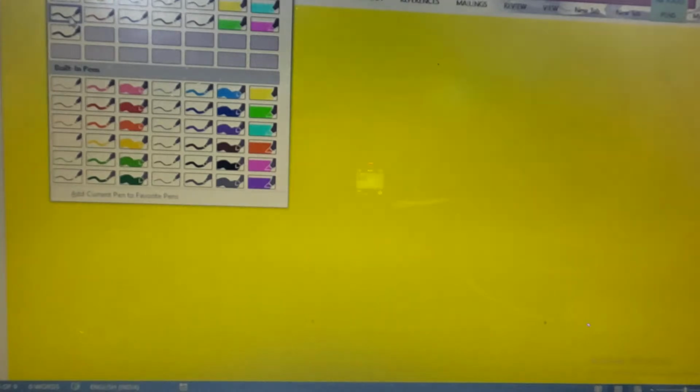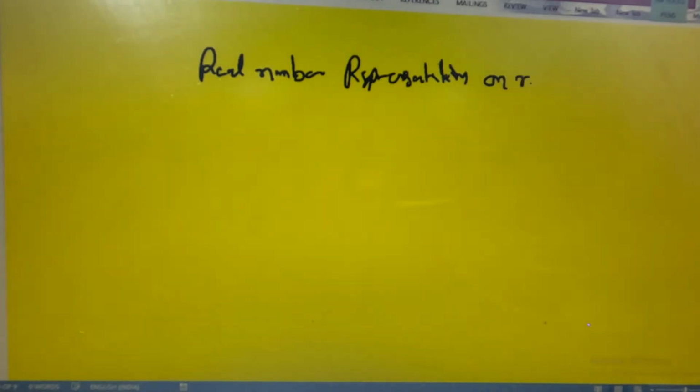So we write here: real number representation on number line.